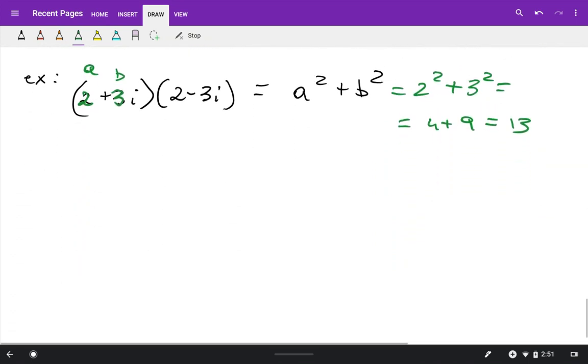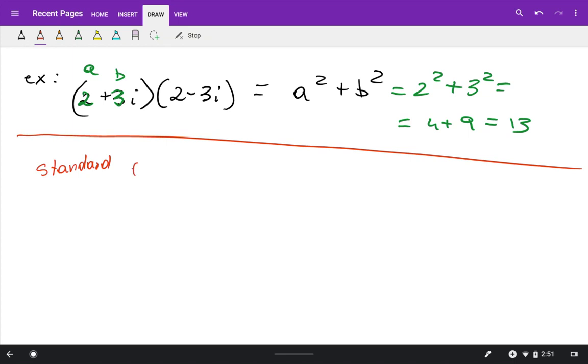Next, what we're going to do is write the quotient of two complex numbers in standard form. I don't think I ever mentioned that the standard form of a complex number is a plus bi, real part then imaginary part.